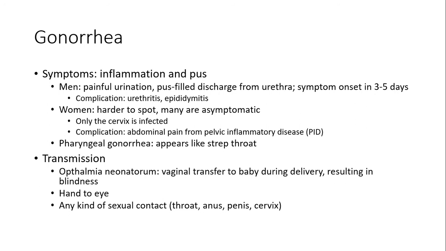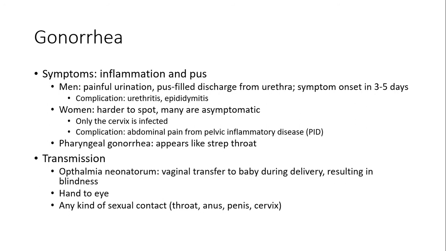Another thing that you can get with babies is going to be ophthalmia neonatorum, which is a vaginal transfer of gonorrhea to the baby during delivery, and this can result in blindness. Now, usually, we're going to know if mom has a gonorrheal infection because one of the early stages of their OB care is going to be a big panel testing for a lot of these, as well as a pelvic exam.